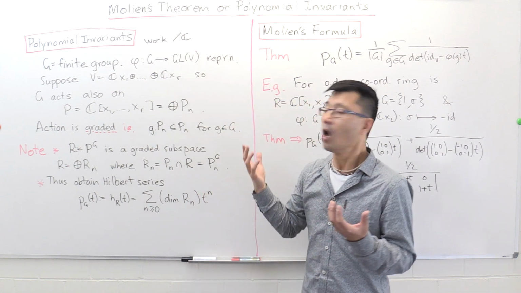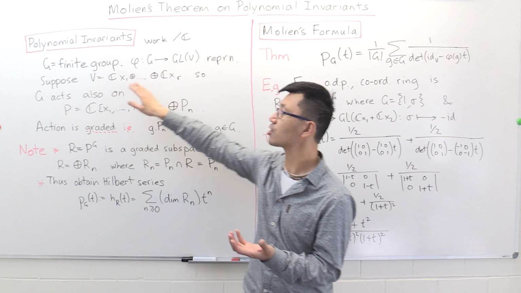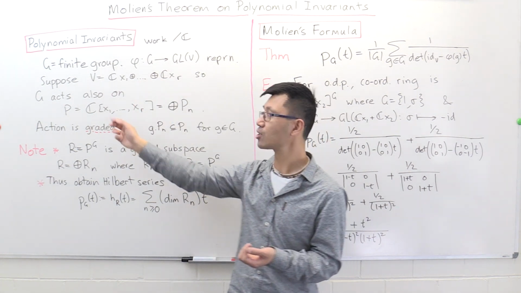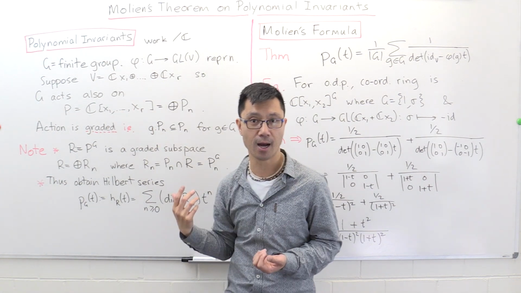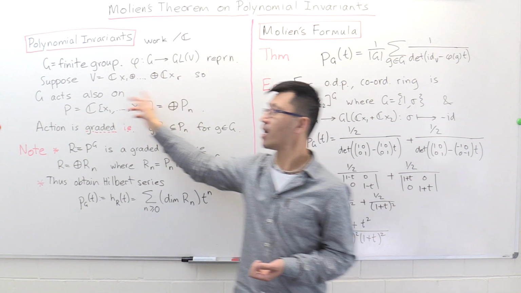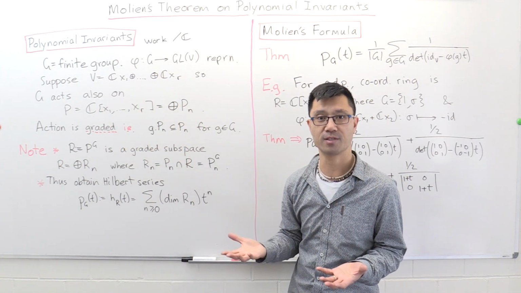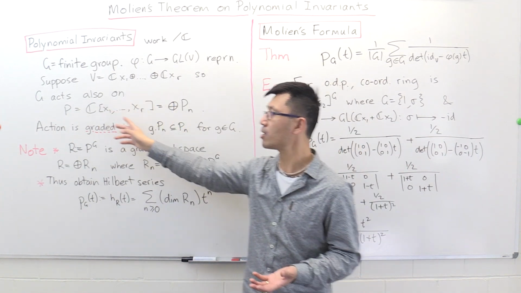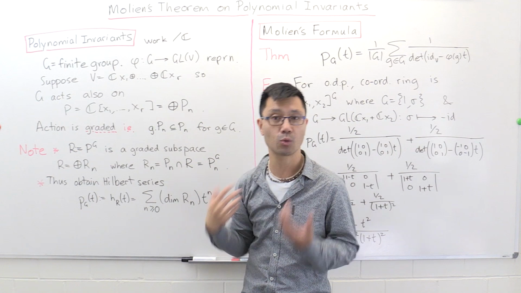Once we have this setup, we also know that G not only acts on this vector space, it also acts on the polynomial ring C with variables x1 up to xr. We'll call that polynomial ring P. What's nice about this ring, remember, is that it is also a graded algebra over C. You can grade it in various ways, but we'll grade it the usual way, where each of x1 up to xr has degree 1.